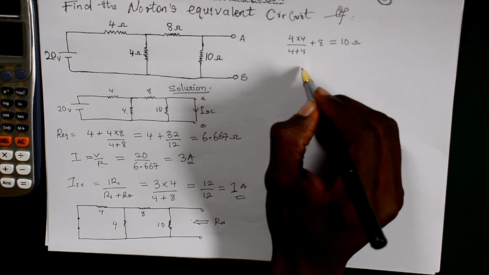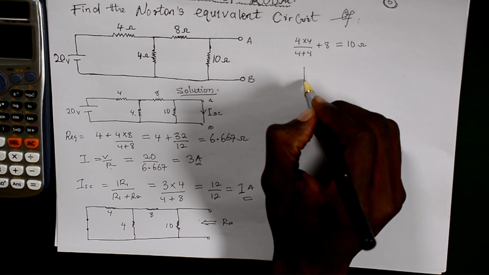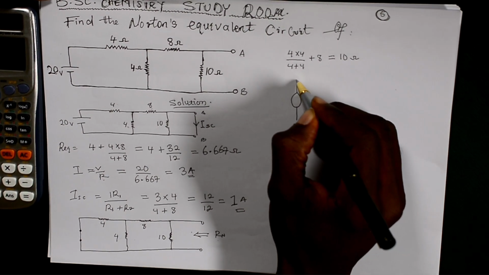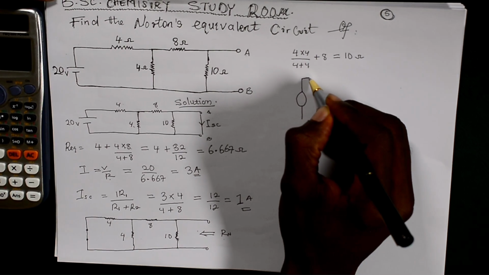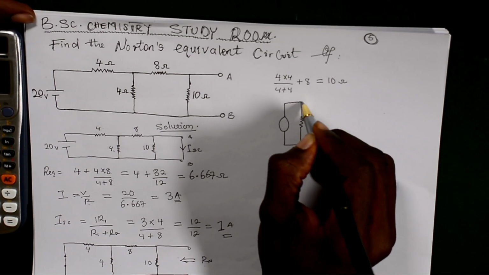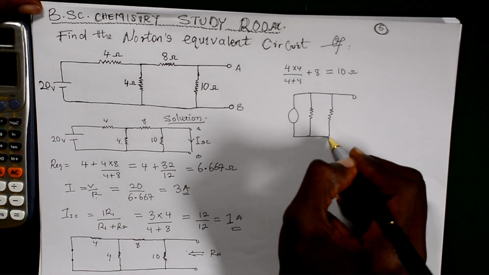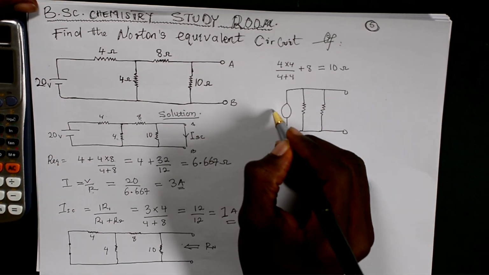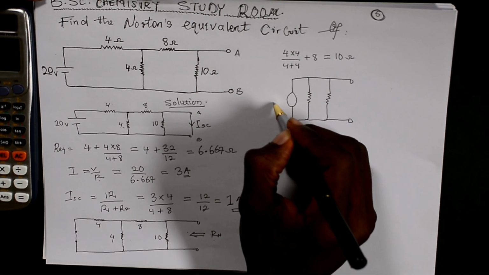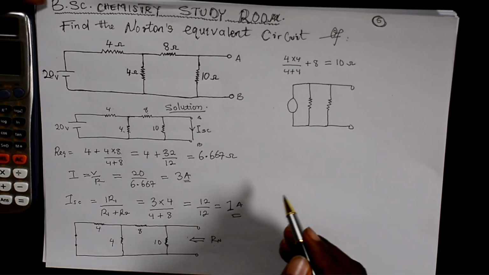So now we can redraw the circuit again. This will be the equivalent Norton circuit. And it is drawn in parallel to the current. This is our Norton's current, that is Isc, and we obtain it as 1 ampere.